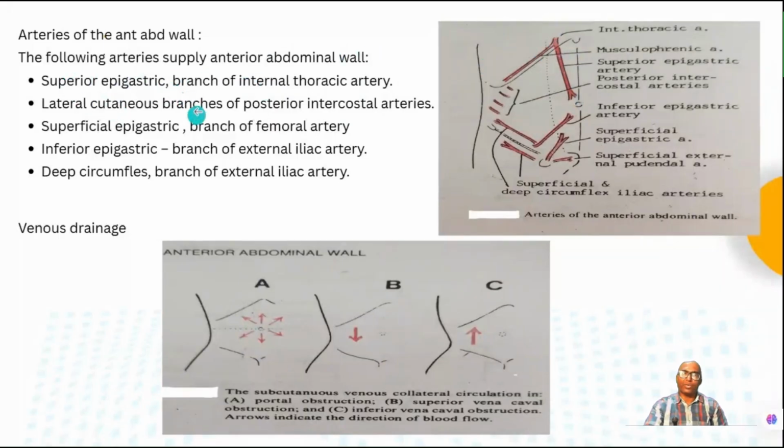Then you have the lateral cutaneous branches of the posterior intercostal arteries. Then superficial epigastric is a branch of the femoral artery, coming somewhere here. The external iliac will give the inferior epigastric and the deep circumflex iliac. So these are the branches which will supply the anterior abdominal wall.